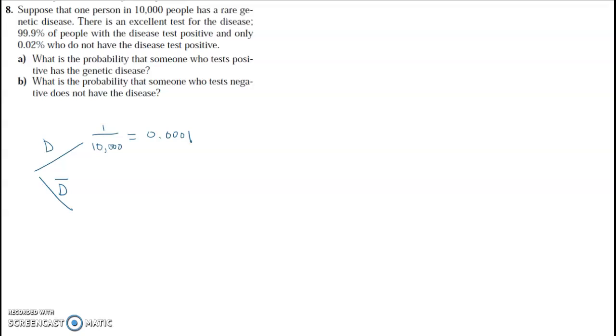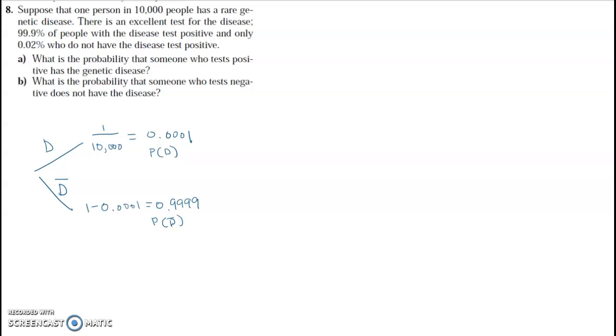This is P of D. And P of not D would be 1 minus 0.0001, which would be 0.9999. So this is the probability of not having the disease.